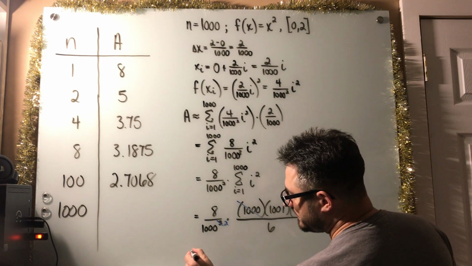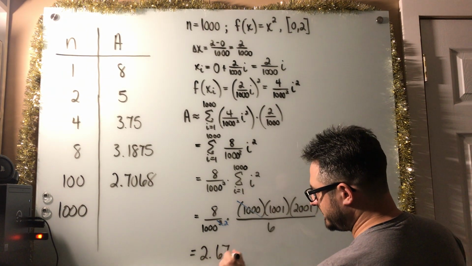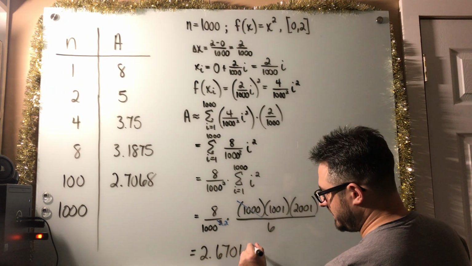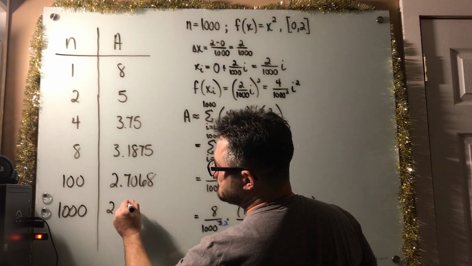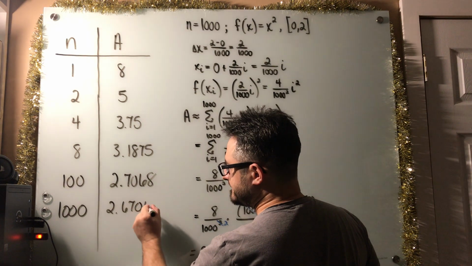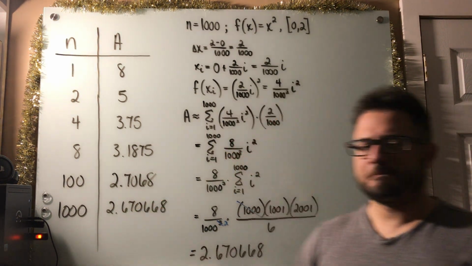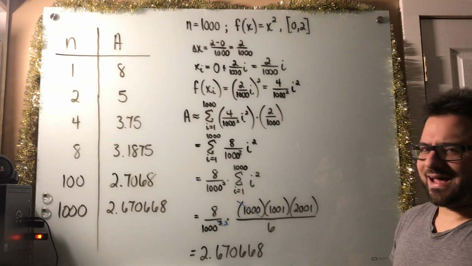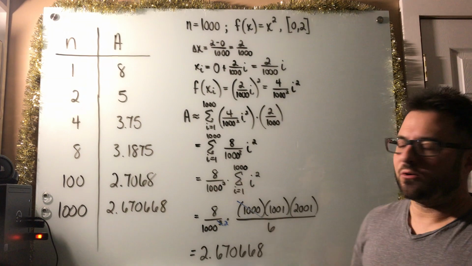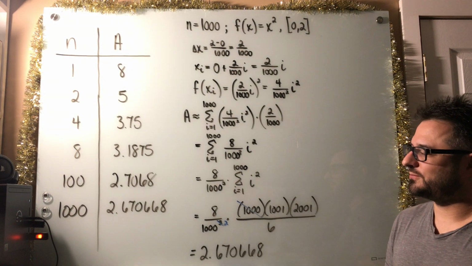This time I get a few more decimal places, 2.670668. Okay. At this point, we should hopefully be starting to get an idea of what this is going to.